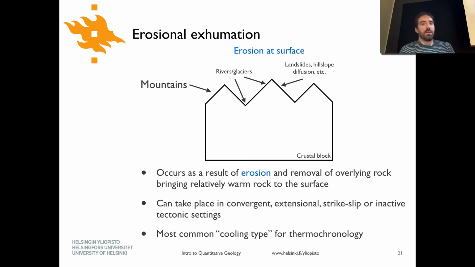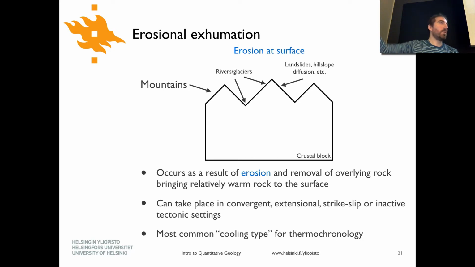One of the most common things, especially in areas where thermochronology is often used, which are mountainous landscapes, is erosion. So when you erode the Earth's surface, you essentially remove rock from the surface, and you expose rock beneath that. And essentially this causes exhumation of the rock from depth to the surface.